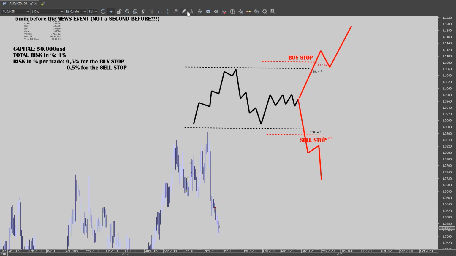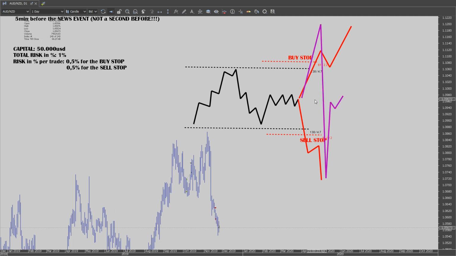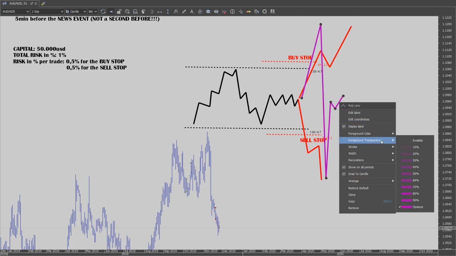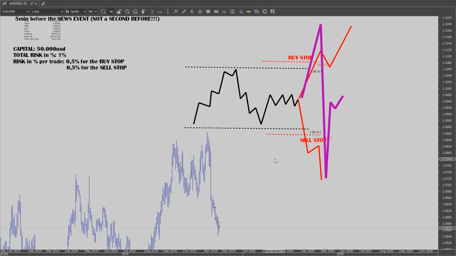Or the market is going to do what we call the whiplash. So it's going to take you from one side to the other and go back inside the chart. This is the so-called whiplash. And here is where we are going to have a losing trade. It happens from time to time. The pink one is the whiplash.